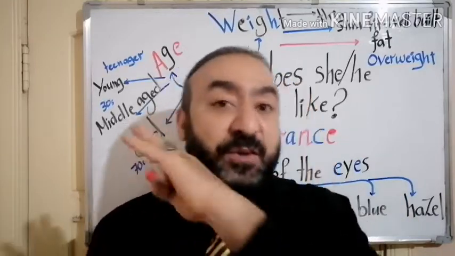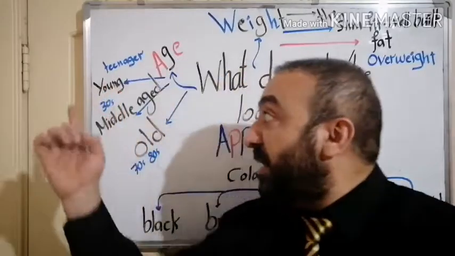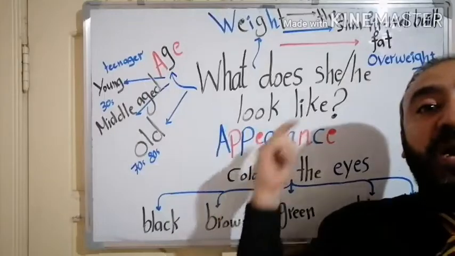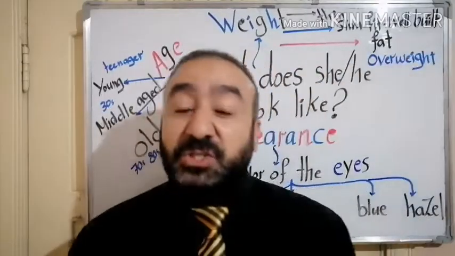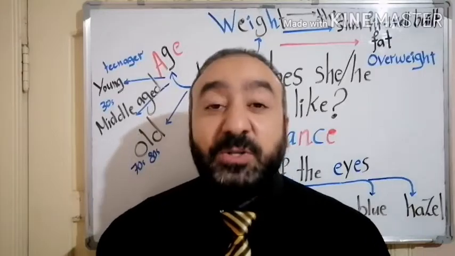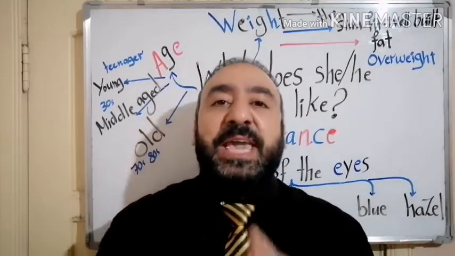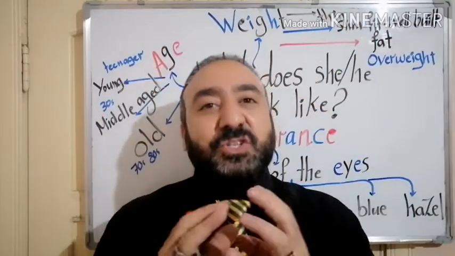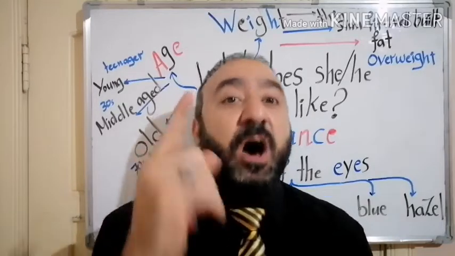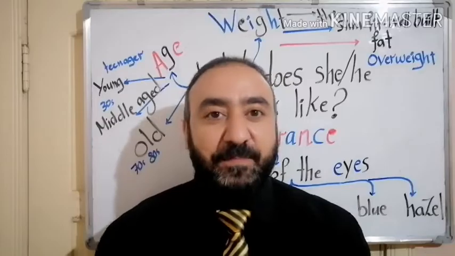What does your nephew look like? Just use the information we have studied together today. The age, the color of the eyes, and finally the weight. Don't use anything else because in the upcoming episode, we're going to add more details and then you can mix them all together to write a very specific and detailed description of the person you're going to describe.